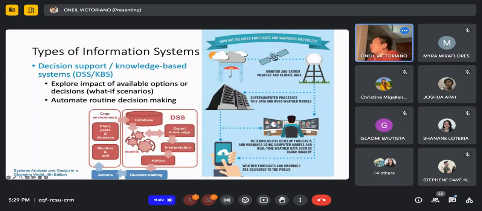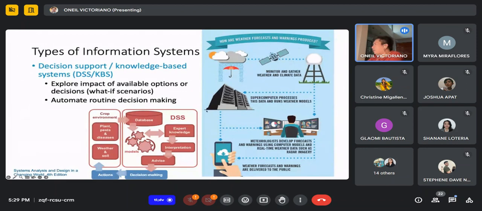Sometimes it's divided into two: expert knowledge like human knowledge, or it might be an AI knowledge. And then we have models. Models are basically artificial intelligence models or data science models, and it goes to interpretation and advice for decision making, to be able to decide what actions to take for planting.